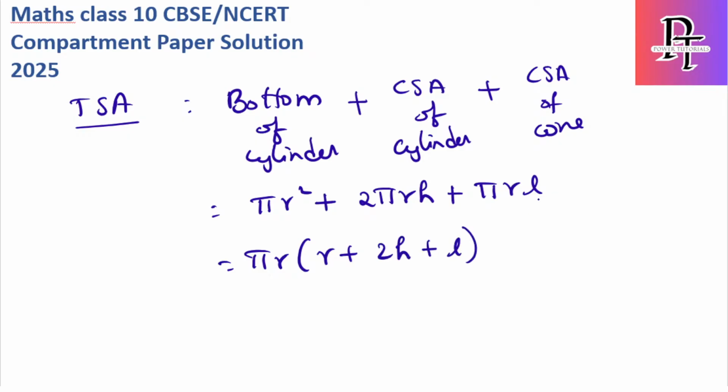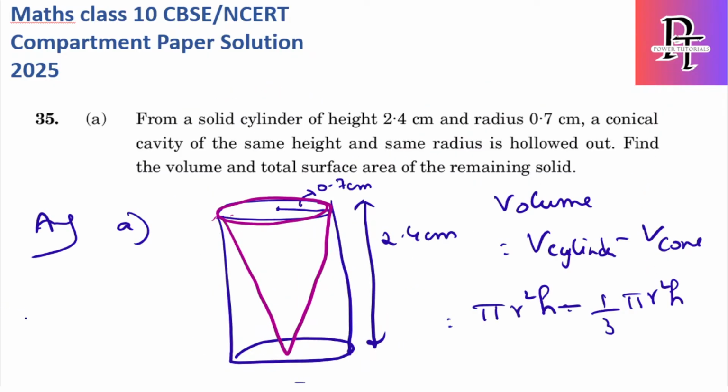So before that we need to find the l value of the cone. This is 0.7 and this is 2.4.